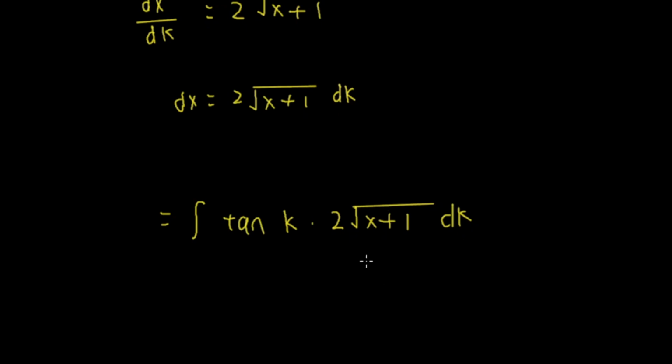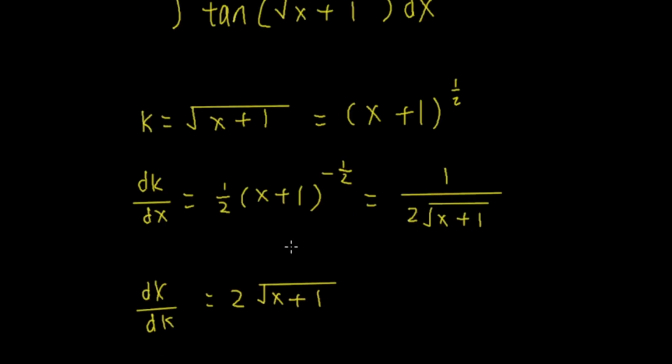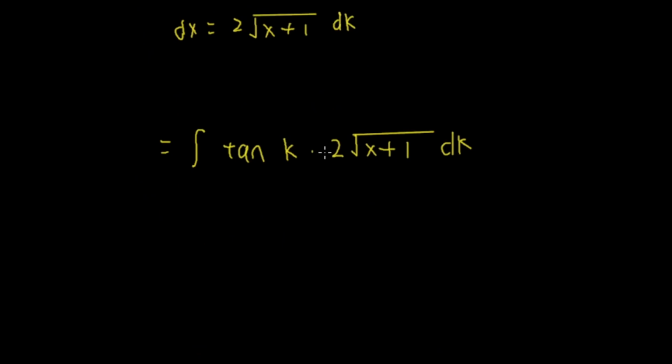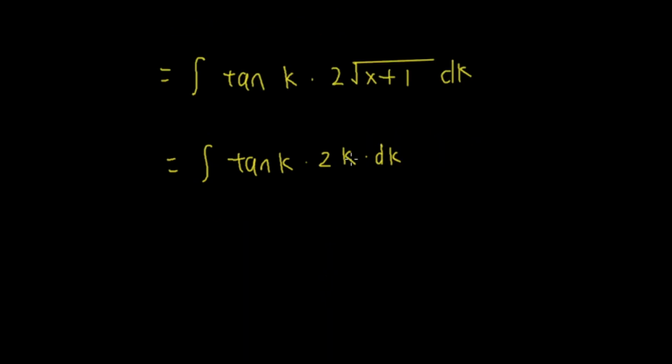We know that square root of x plus 1 is equal to k here, so we can replace it. Integral of 10k times 2k dk. Okay, now let me move this constant to the front and take the constant 2 out of the integral sign. I have 2 times the integral of k times 10k dk.